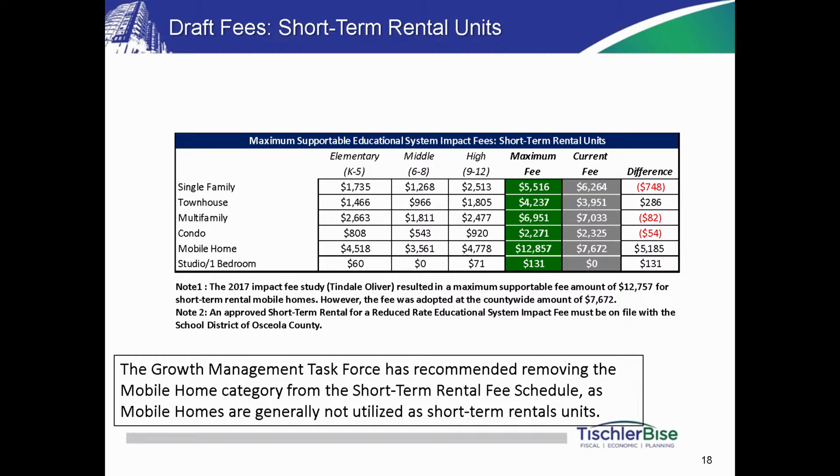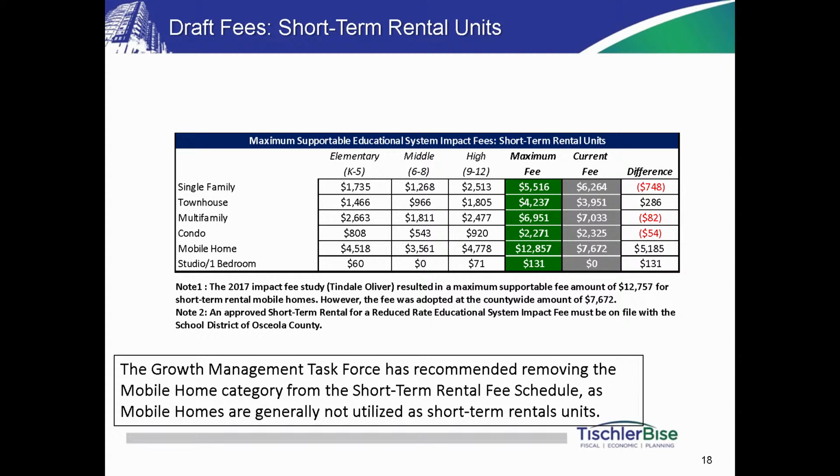However, the fee was adopted at the county-wide amount of $76.72. Do we have any short-term rental mobile homes? Well, that's one of the things that came up. And it's also important to note, as Rhonda pointed out.